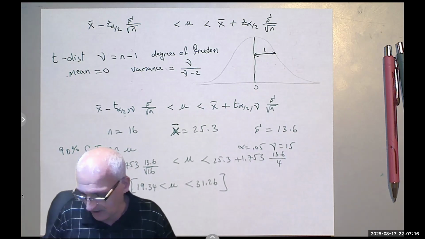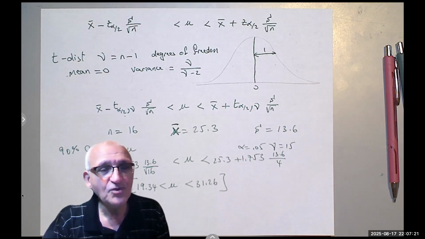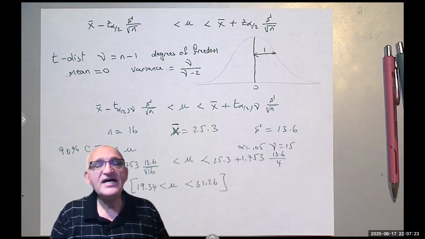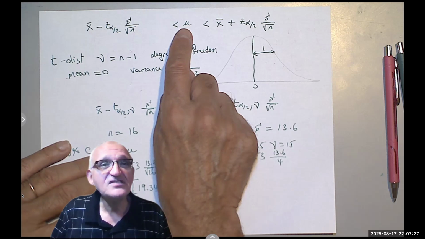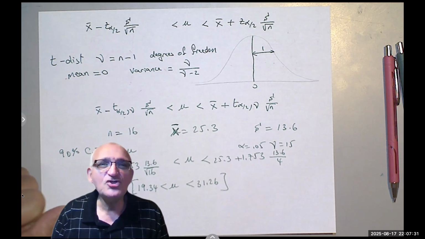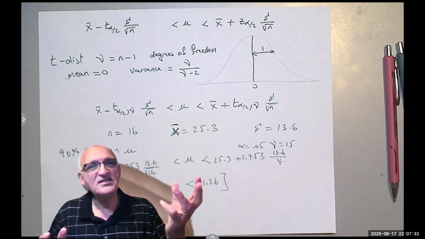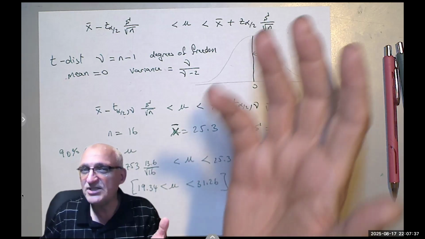Anyway, I will stop here and probably in the next session we'll say, okay, what if I have two distributions and I want to find the confidence interval of the difference between them? Because I need to know, is one really higher than the other, or can I consider them to be equal.